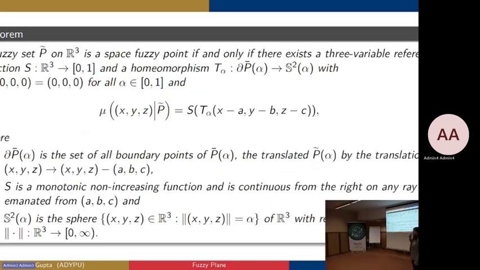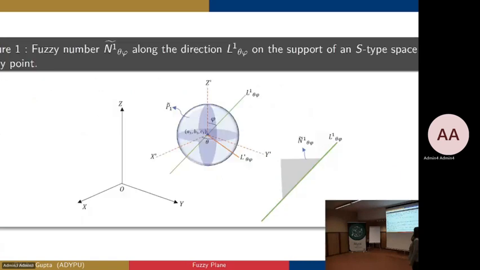Now this theorem shows that any fuzzy point in the generalized version is an S-type fuzzy point, because there always exist a reference function and a homeomorphism which satisfy this equation number 1. So this theorem says that any fuzzy point is an S-type space fuzzy point.